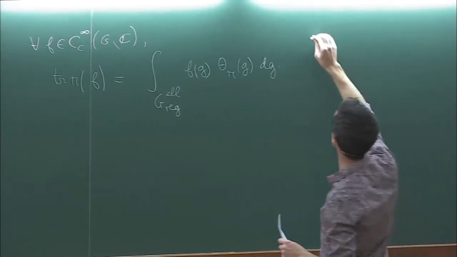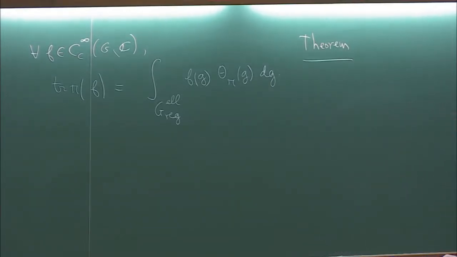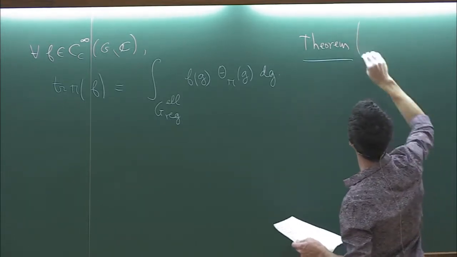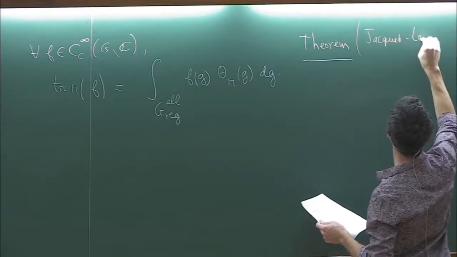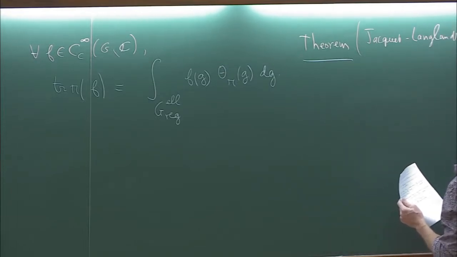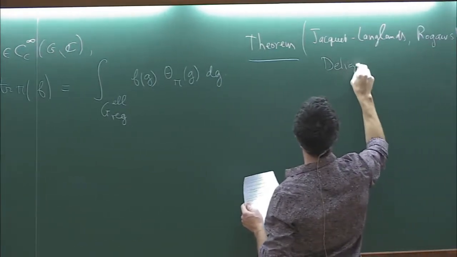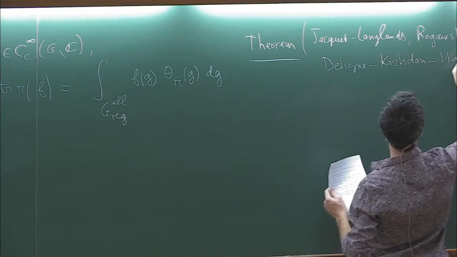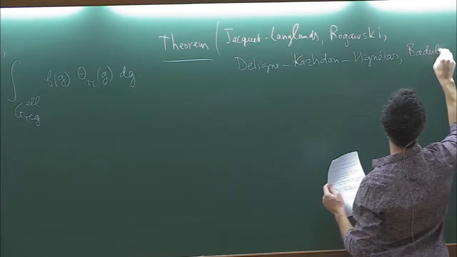And now here is the local Jacquet-Langlands correspondence, which is due to Jacquet-Langlands for GL2, Rogawski, Deligne, Kazhdan, Vigneras, and Badulescu in characteristic p.